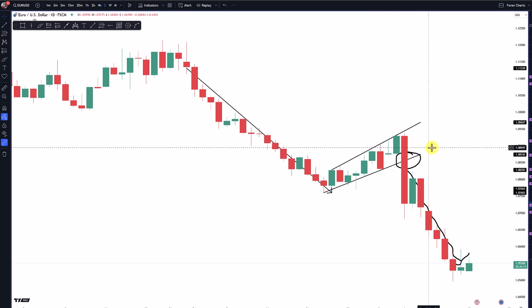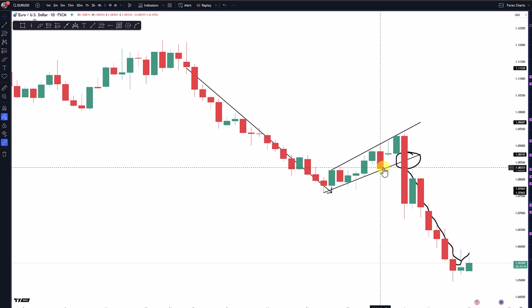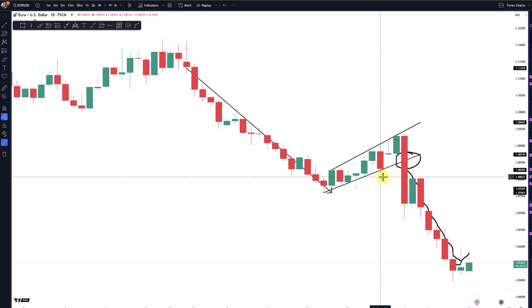The flag pattern is a so-called continuation trend pattern, because this happens in an overall trend, and it could signal a continuation of the downtrend. There are many more patterns that you can study as a Forex trader. On my YouTube channel, I made dozens of videos over the years on those chart patterns. I will link a few in the video description below, and you can watch them as well.